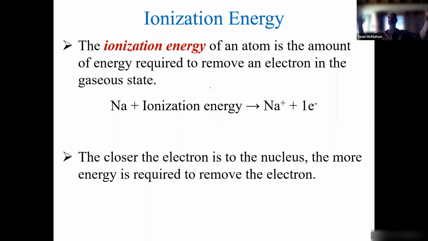As the atom gets big, it's easier to take away the electrons. So think of it as like magnets. When they're really close, it's hard to pull them apart. As they get further away, it's easier to pull them apart, right? So there's an attractive force between the protons in the nucleus and the electrons. But as the electrons get further and further away, yeah, they have more energy, but it's almost easier to take them away.